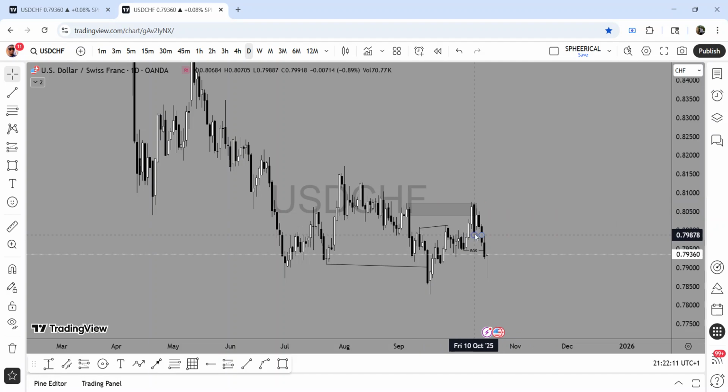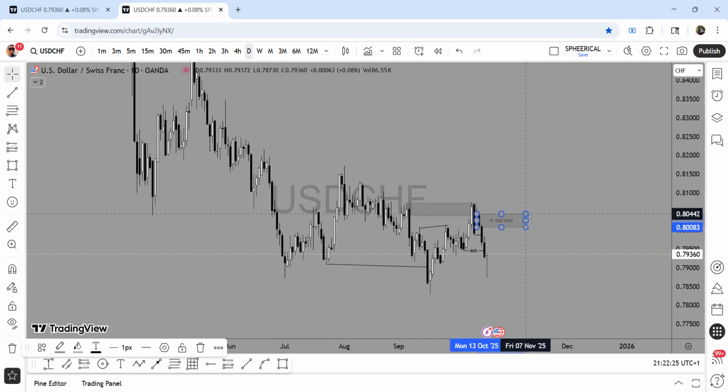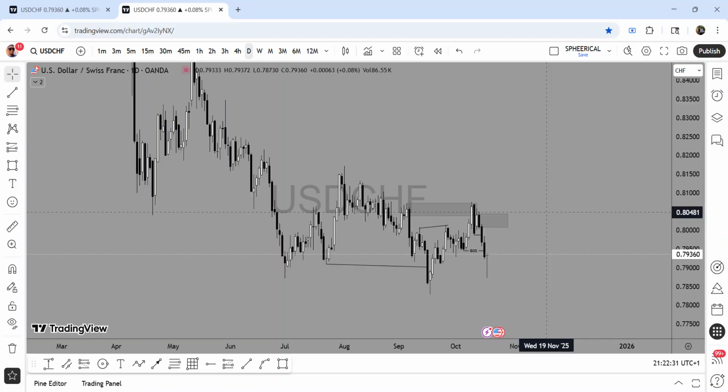Then the market came down here, moved up small, then broke the structure and sold. So we have a point of interest, because whenever the market shifts structure, it will leave a supply zone. So this is the supply zone. Hopefully the market will retest here and continue selling.